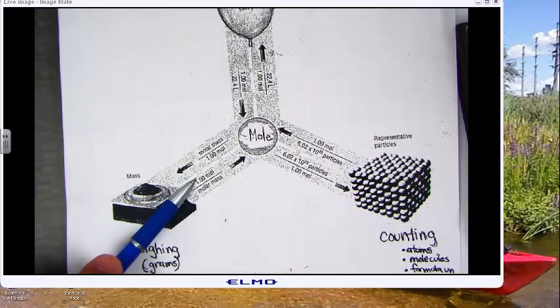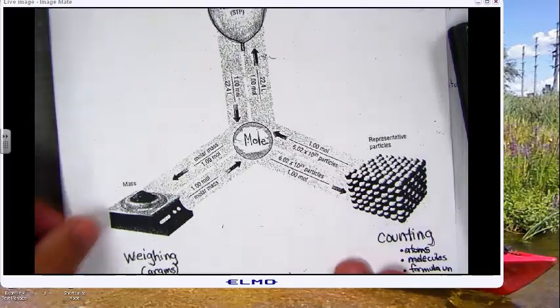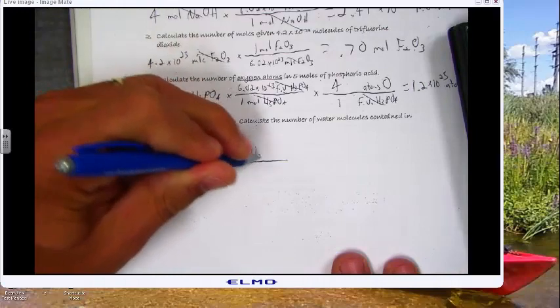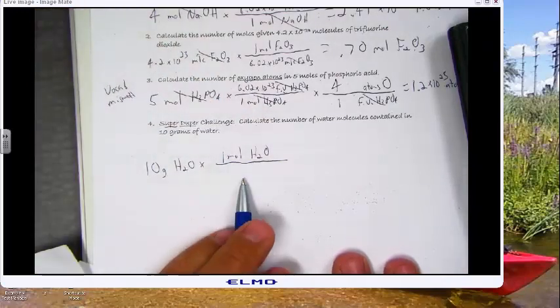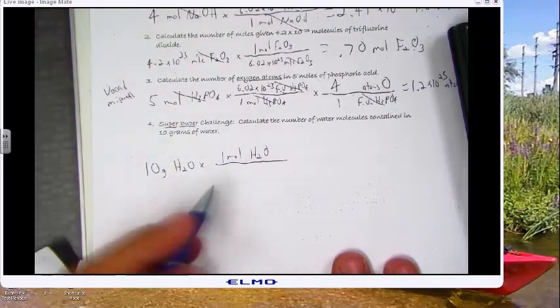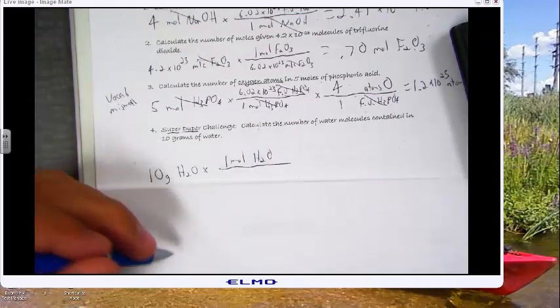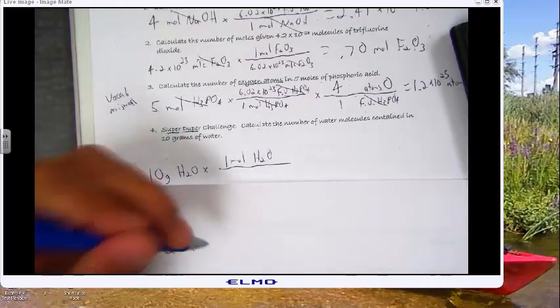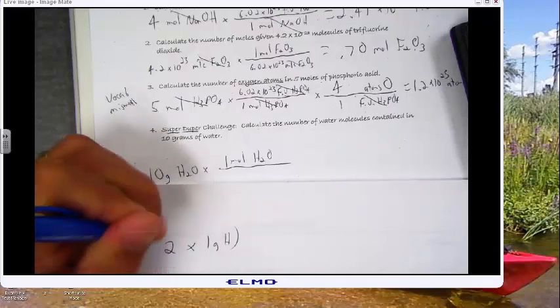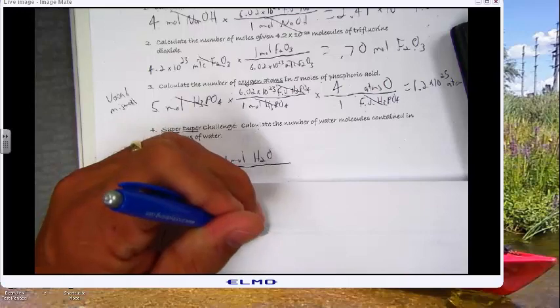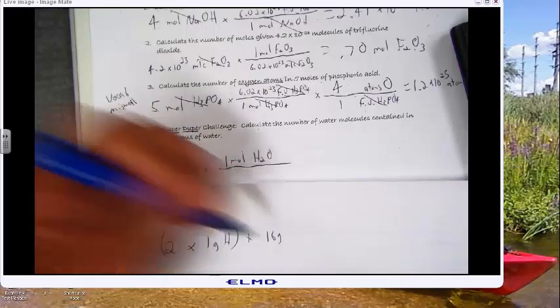First things first, 1 mole over the molar mass. 1 mole of H2O. Now I need the molar mass of water. It's built of 2 hydrogens, 2 times 1 gram each of hydrogen, plus 1 oxygen, which is 16 grams.